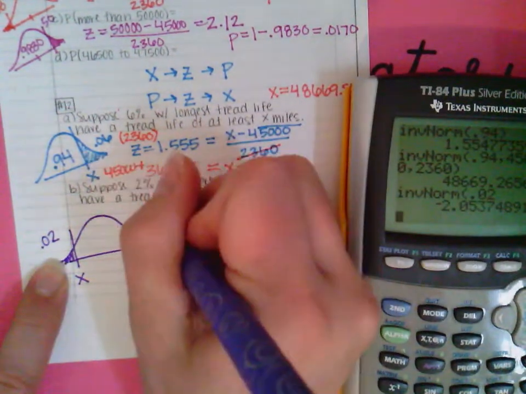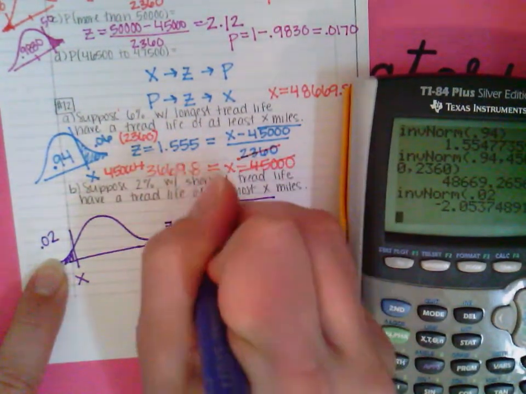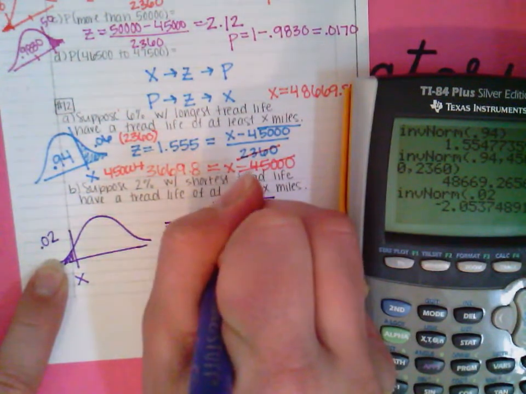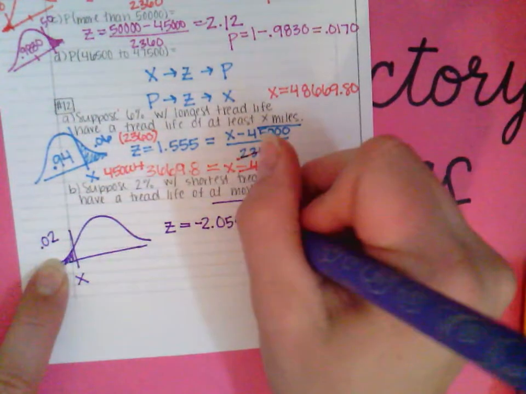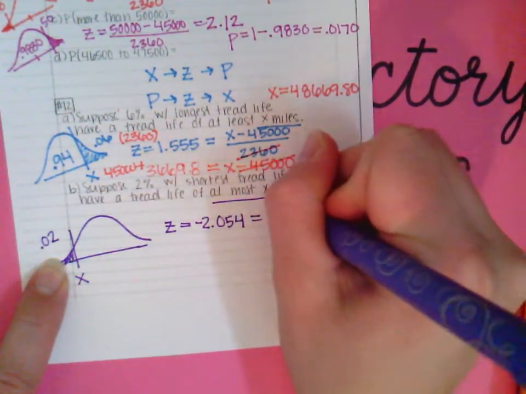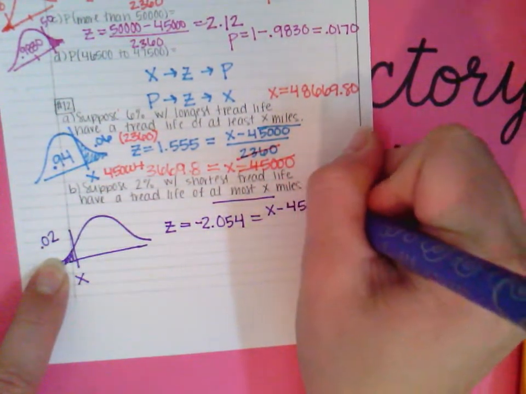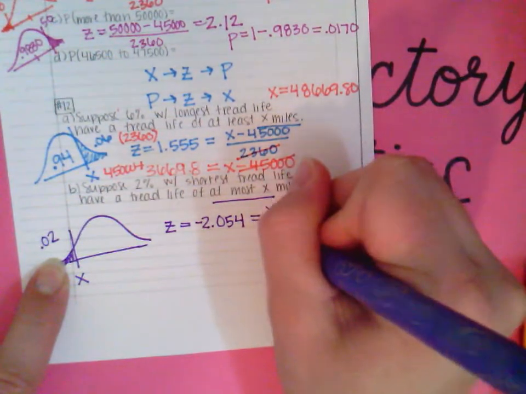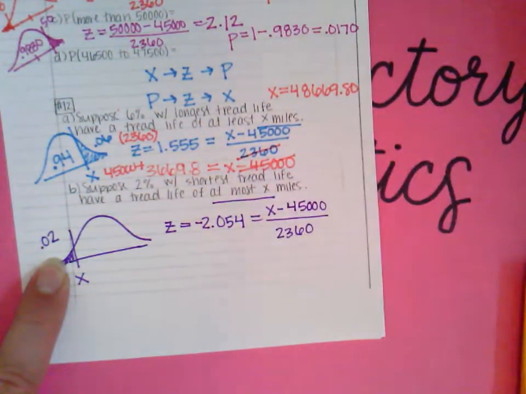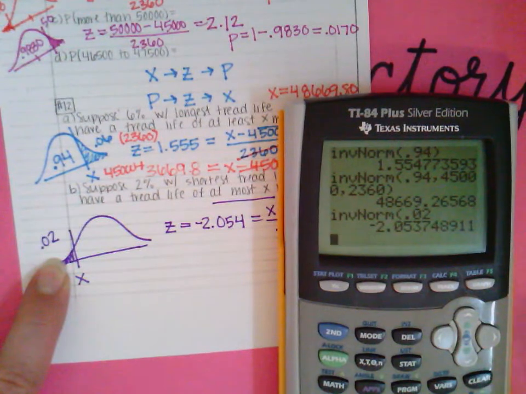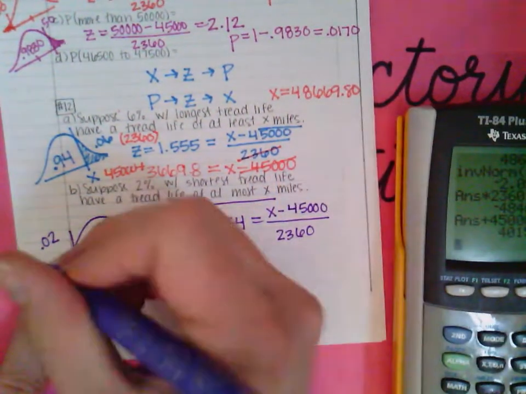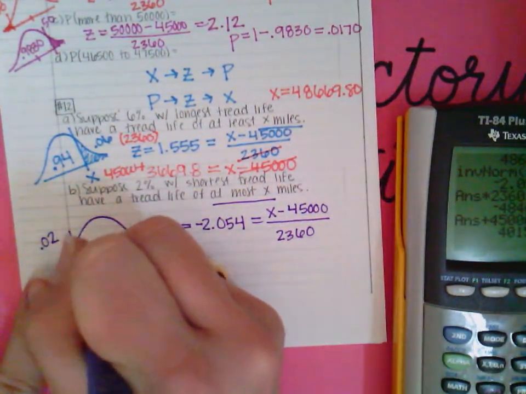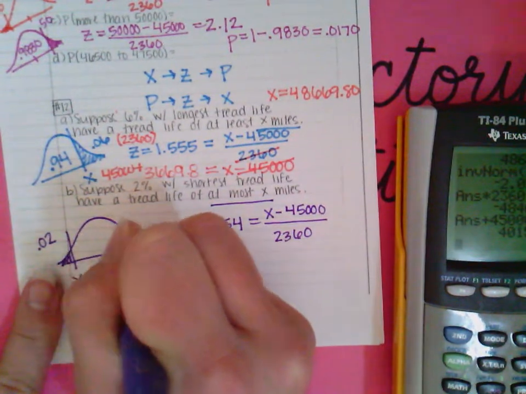That z-score is negative 2.054. And that's equal to x minus the mean, all over the standard deviation. I can then multiply by the standard deviation, add 45,000, and I get that x is 40,153.15.